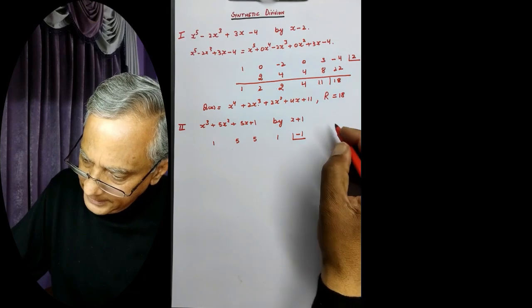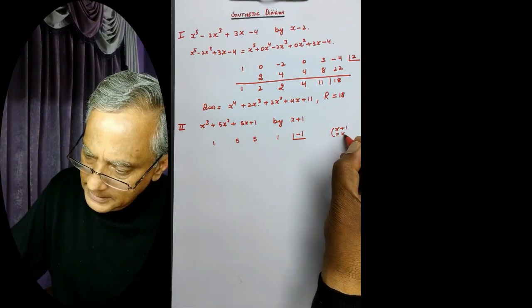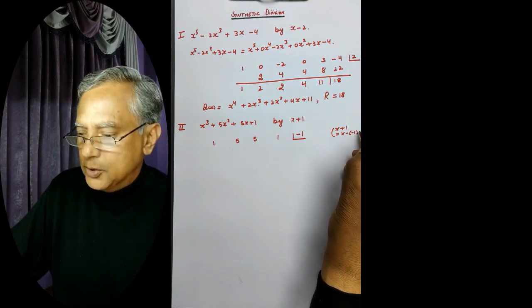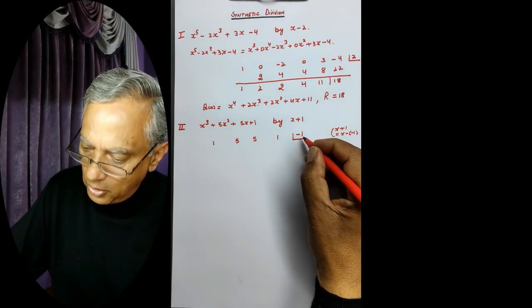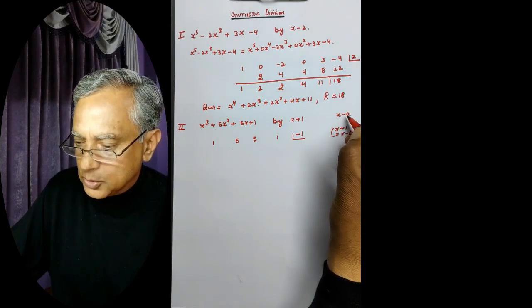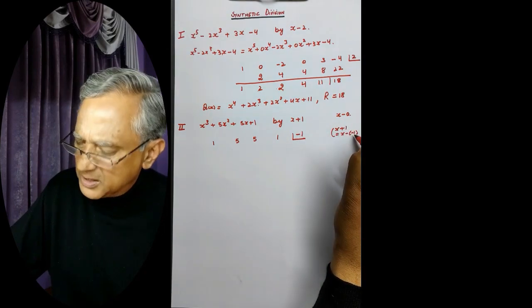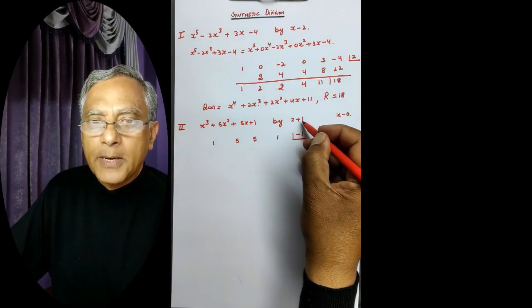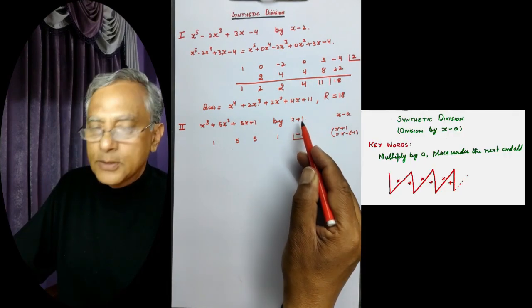Or we can write x plus 1 as x minus (minus 1). So we must write minus 1 here because the rule is for x minus a. So we have to find a and write a here. Simply you can put x plus 1 equal to 0. So we are getting x equal to minus 1. So write minus 1 here.